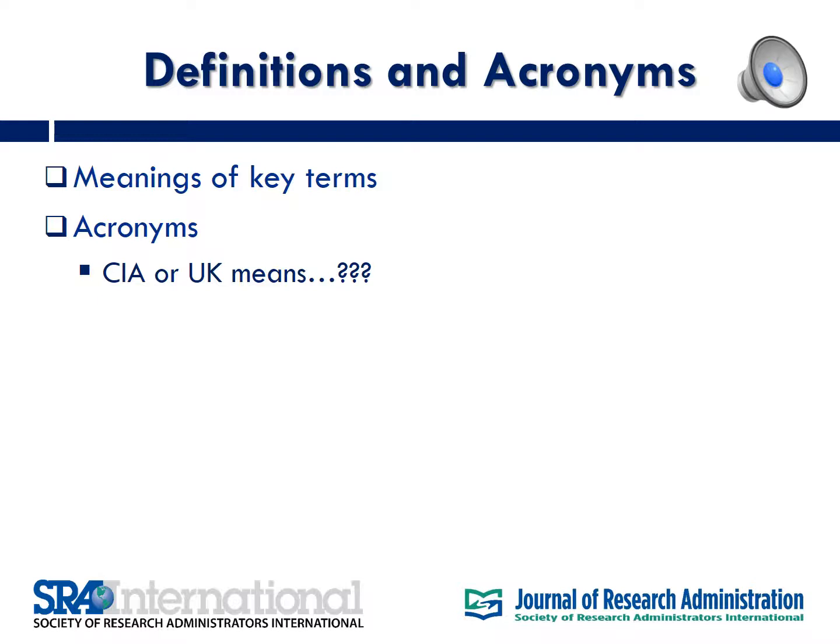So, for example, we use the CIA, that is the Culinary Institute of America, or my favourite, UK, which of course stands only for the University of Kentucky, according to my very good friends from that part of the world. Make sure you give the full meaning of every abbreviation or acronym the first time you use it. Thereafter, the initials are just fine.